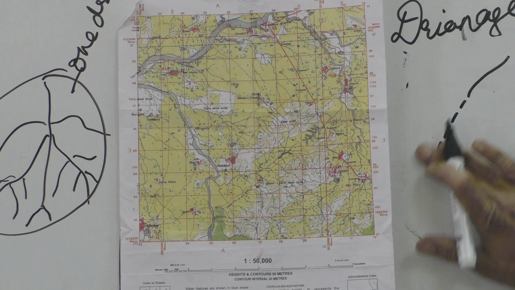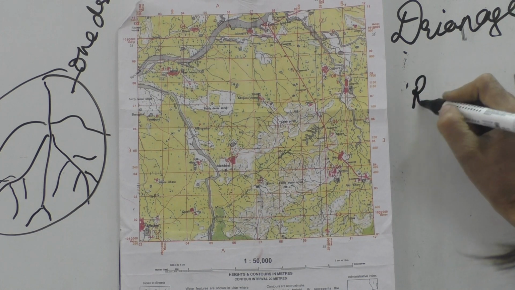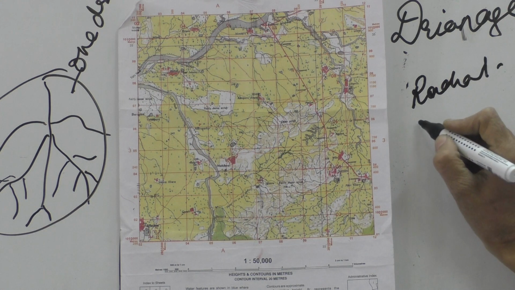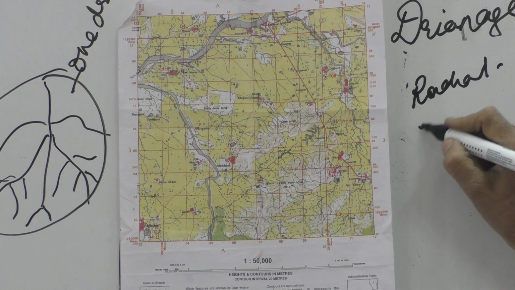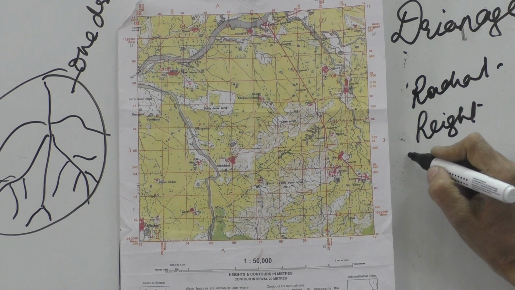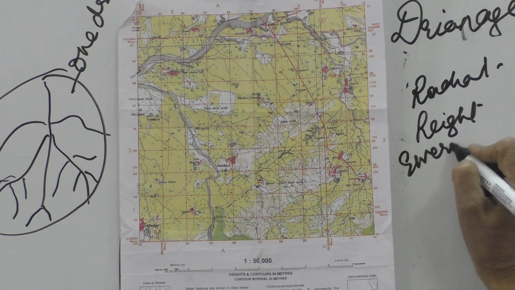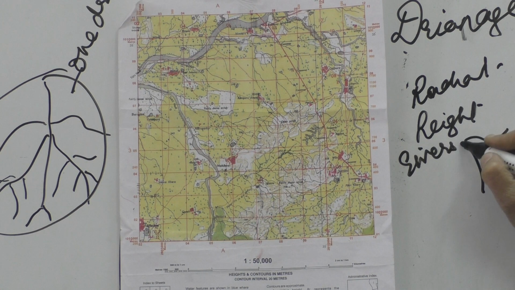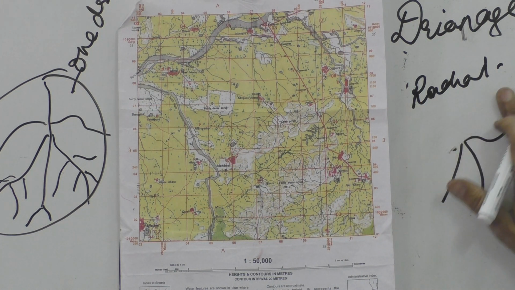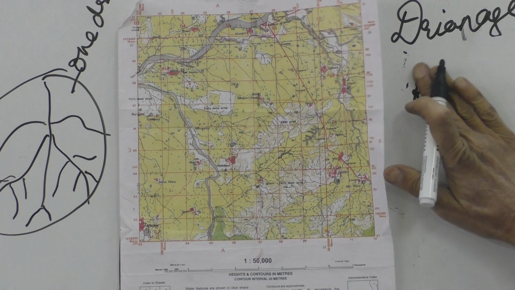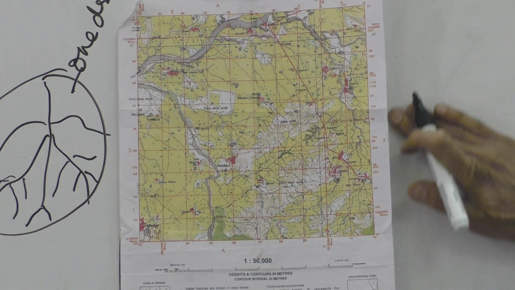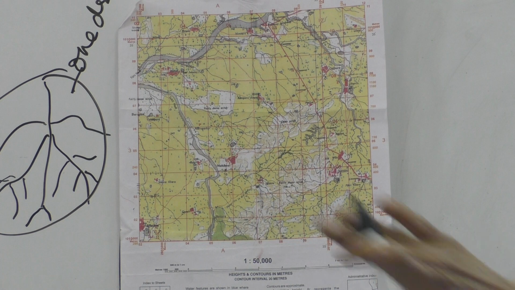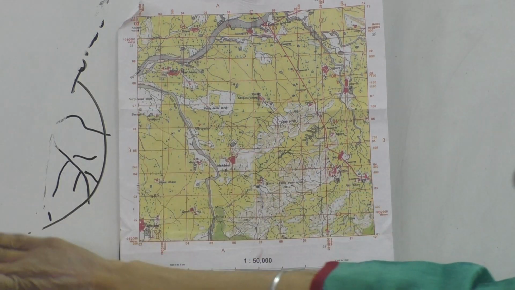So just recall, we said radial: from the height rivers are moving out. Okay, so this is what we called the radial pattern. You'll have to look into different topo sheets if you really want to understand the different types of patterns that we listed out.